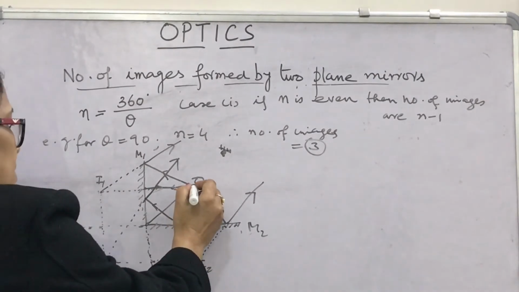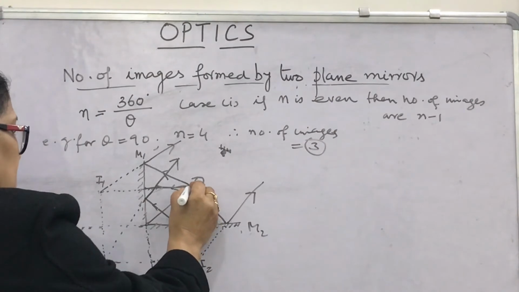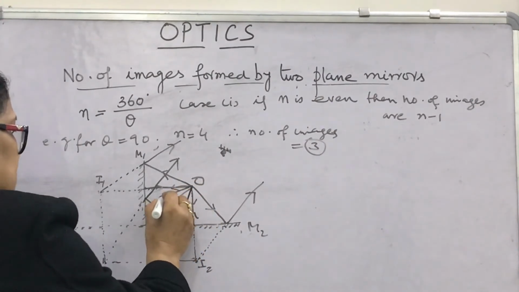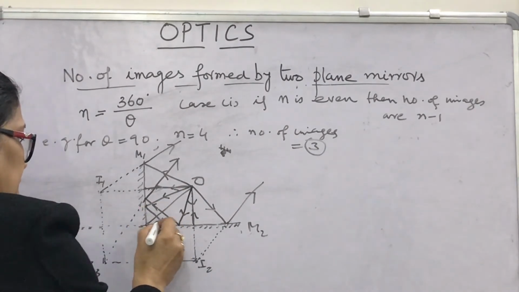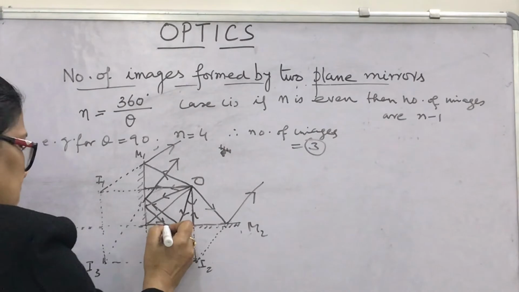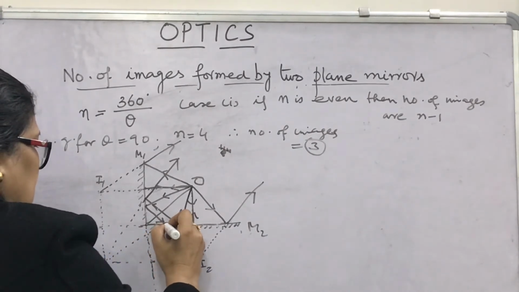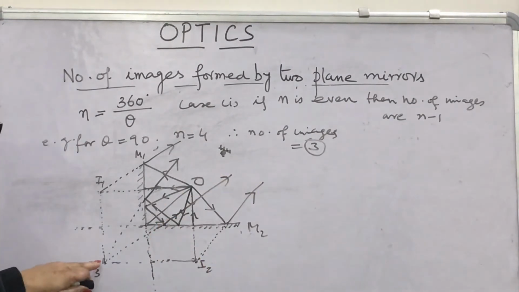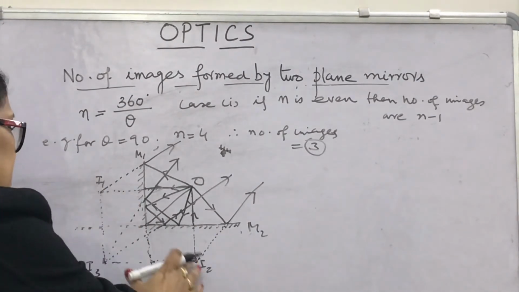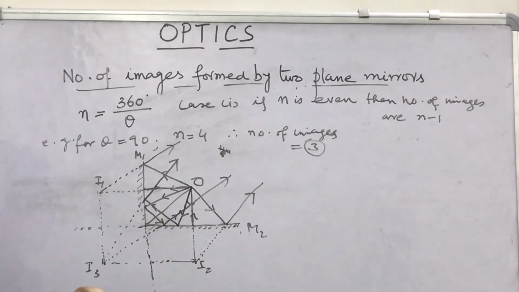Similarly, if a ray is coming at mirror M1, it will be reflected and come to mirror M2 in this way. Now if you join here, this will be the reflected ray. In this way the I3 position is clear. Here I1, I2, I3, three images are seen when two mirrors are at 90 degrees.